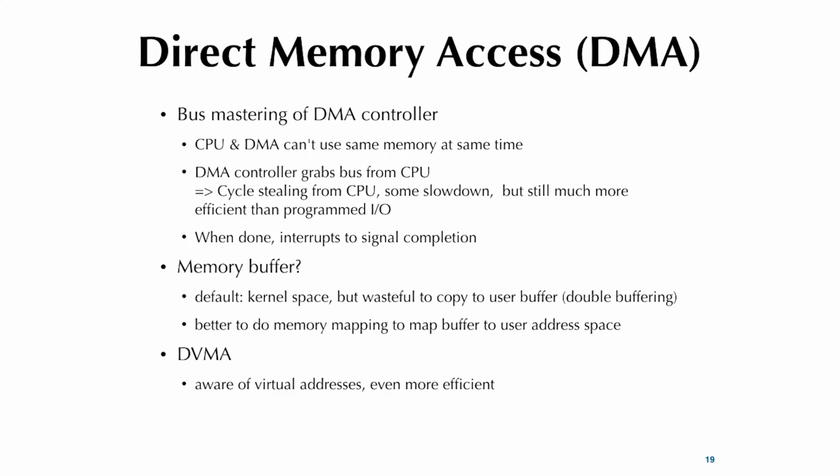So the question now is, what kind of memory do you use? By default, you're running this in kernel mode, and a lot of I/O needs to be protected. By default, it uses space in kernel space. But you're doing this on behalf of the user, right?